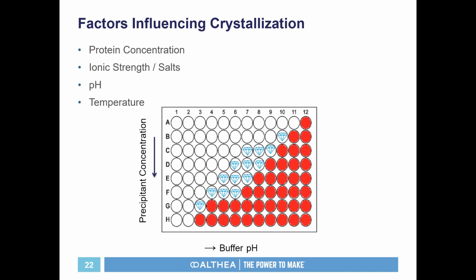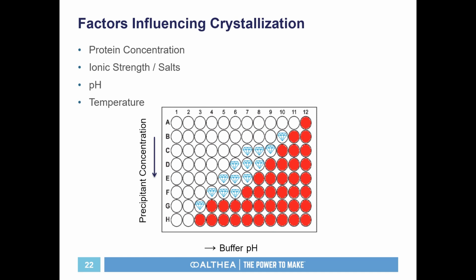The factors influencing crystallization are the protein concentration, the ionic strength of the solution it's in, as well as the salt content. The pH can influence how the protein is folded, the conformation of the protein and the tertiary structure.